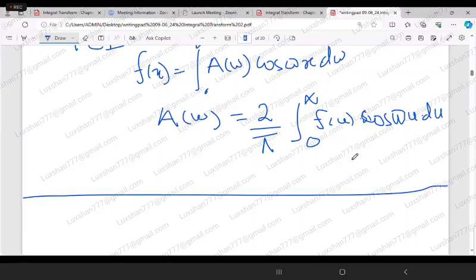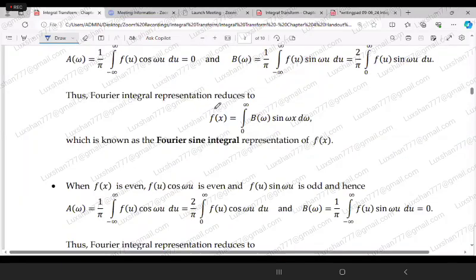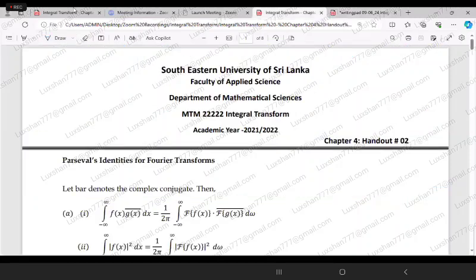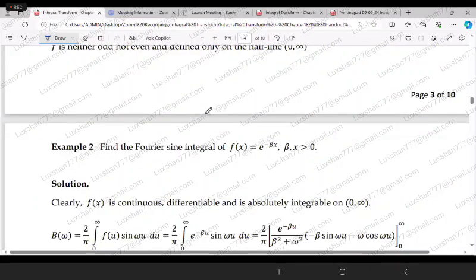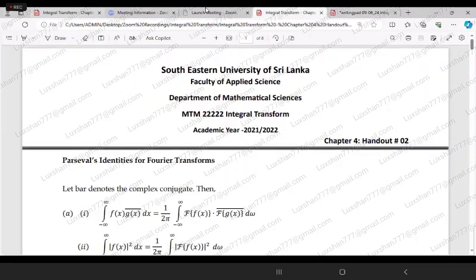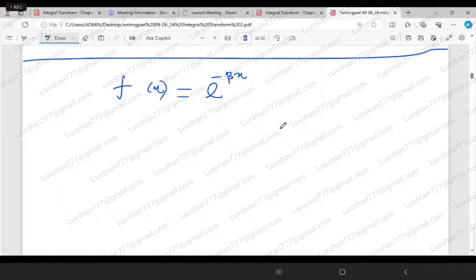Also, we had an example. Let me recall the example we did in the last class. I think it is better to do that one again. I remember I gave you an exercise. Here we are asked to find, where f(x) is given as e to the power minus beta x, where beta and x are both positive.